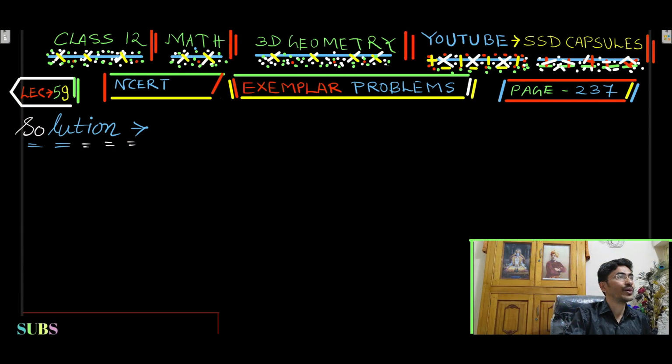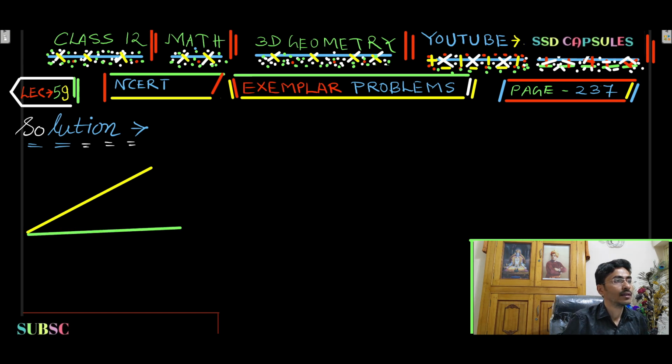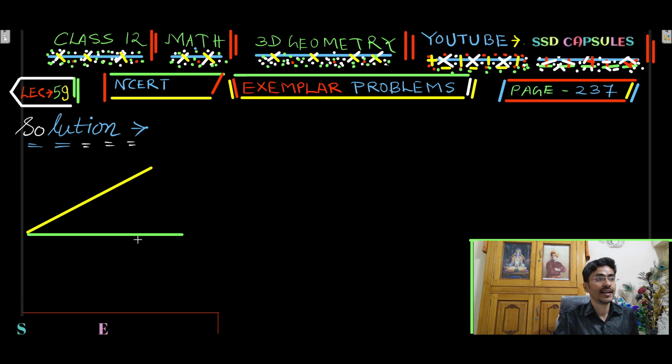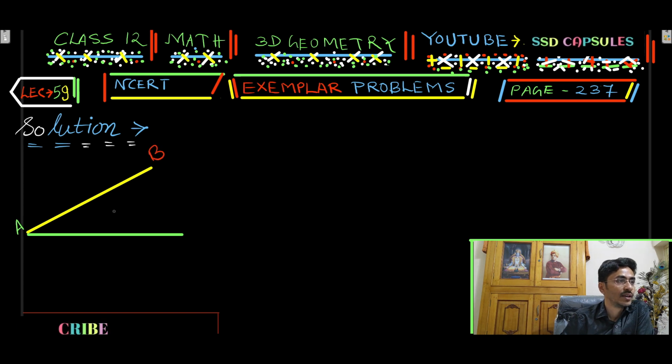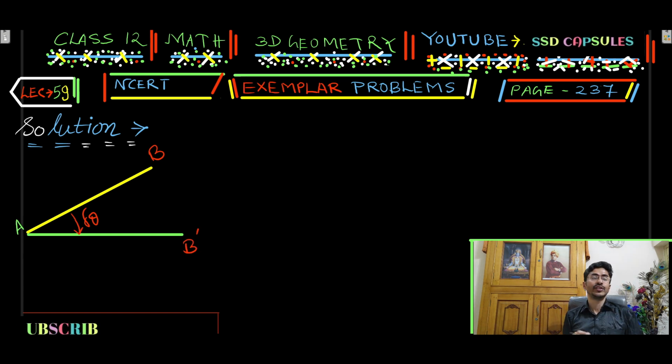Next page. First we draw the diagrams. Say this is line AB, and if we rotate this line through an angle delta theta, that green line is the new position of the same line AB. So we name that. Say this is point A, this is point B, and line AB is rotated through a small angle delta theta, and AB dash is the new position of the line.